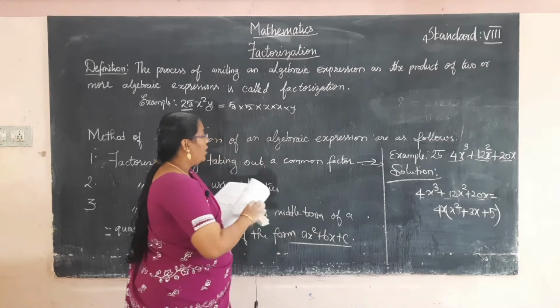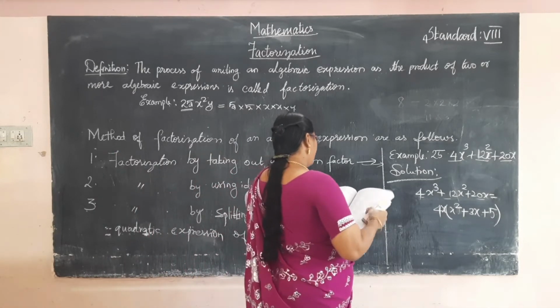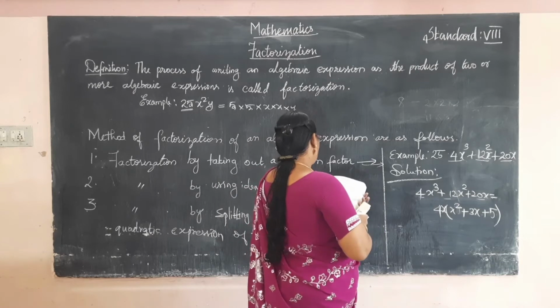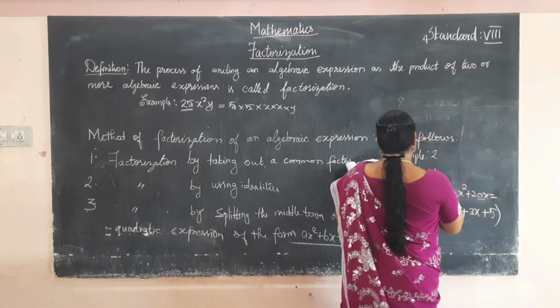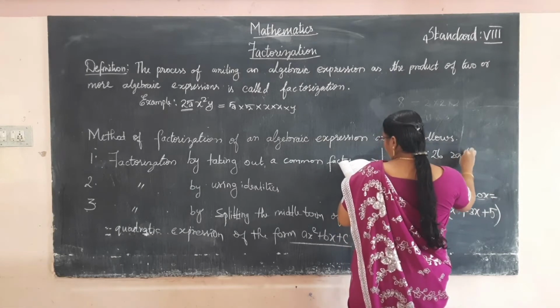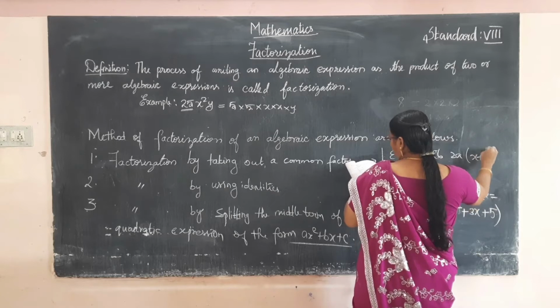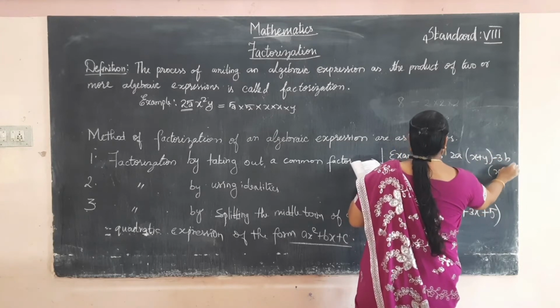Now move to example 26. Factorize 2a(x plus y) minus 3b(x plus y).